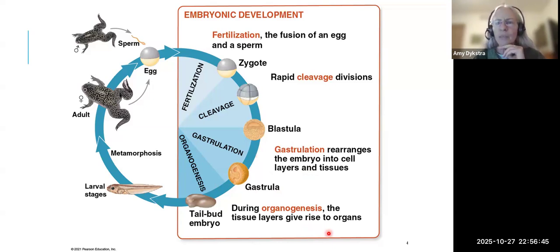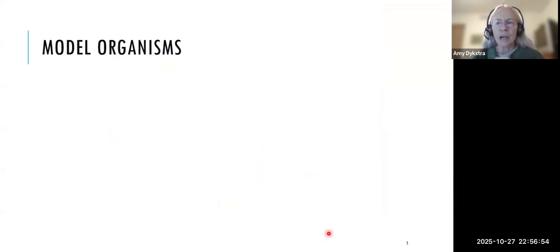So far we've talked about 3 different organisms that we study embryonic development in. And I just want to talk about the idea of model organisms. Model organisms have been really important in the study of embryology as well as lots of other things in biology.